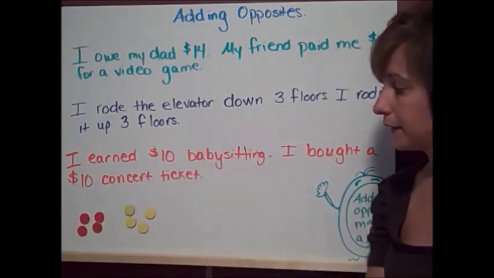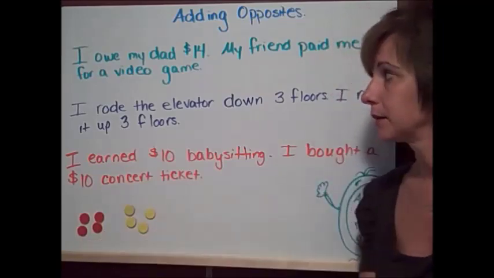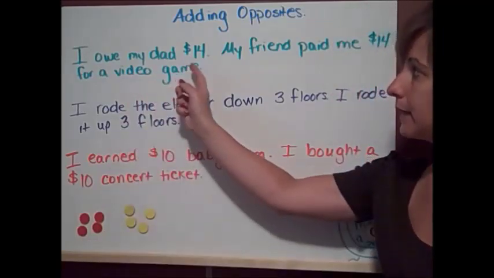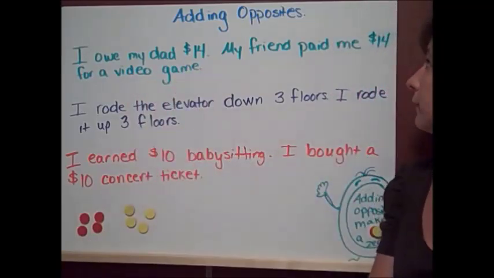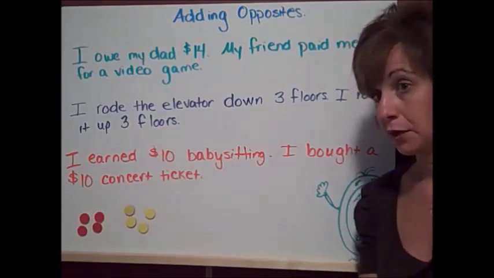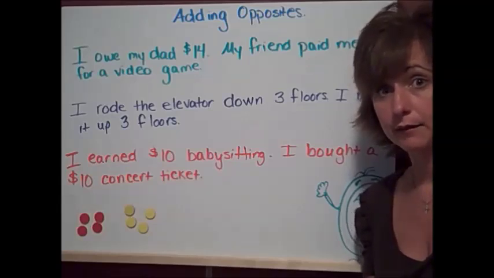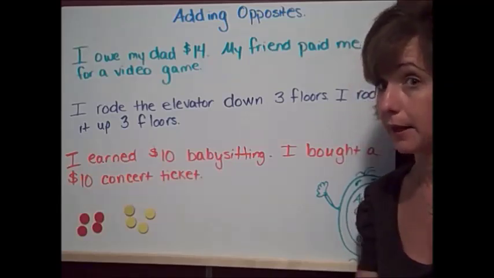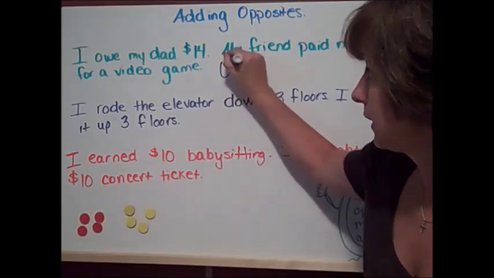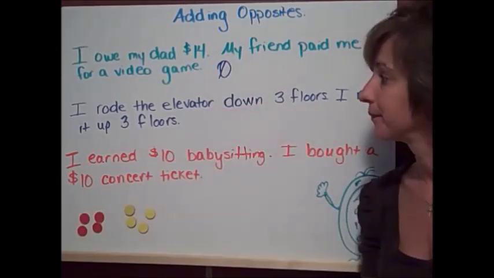These are some real-life examples of a set of opposites that might be represented like this. I owe my dad $14. My friend paid me $14 for the video game I sold him. So if I owe my dad 14 and then I get 14, the integer represented by that is 0 because of course, I'm going to pay my dad.